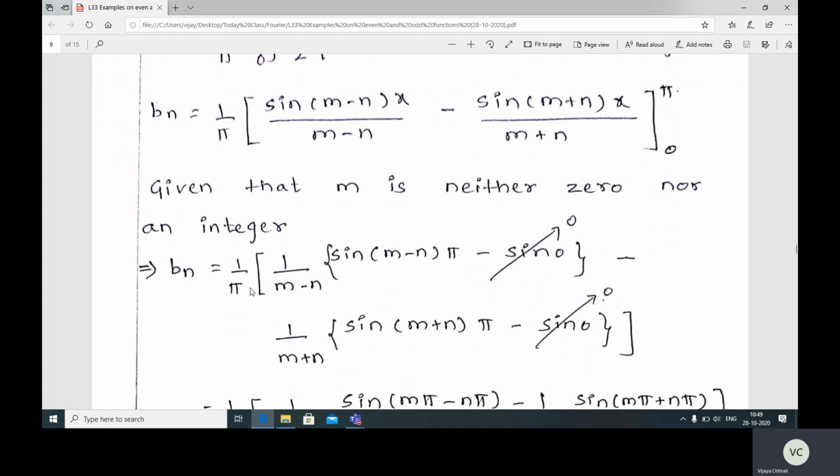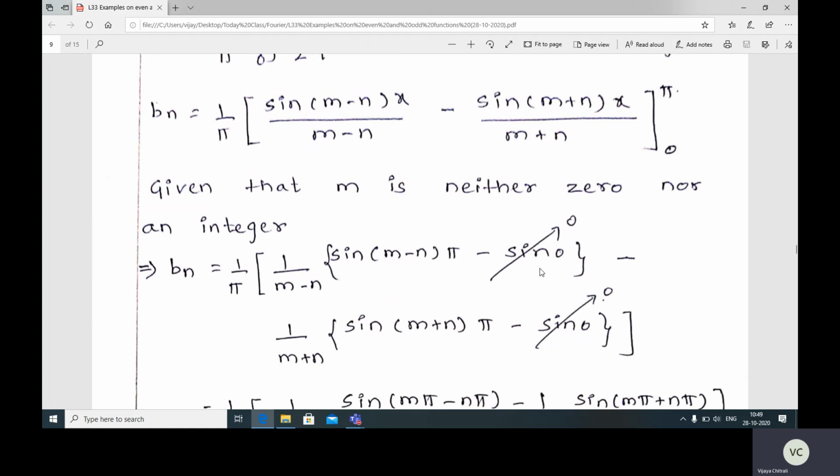So bn is equal to 1 by pi, 1 upon m minus n is as it is, in place of x pi, sin(m minus n)pi minus sin 0, upper limit minus lower limit. So minus 1 upon m plus n is as it is, sin(m plus n)pi minus sin 0.